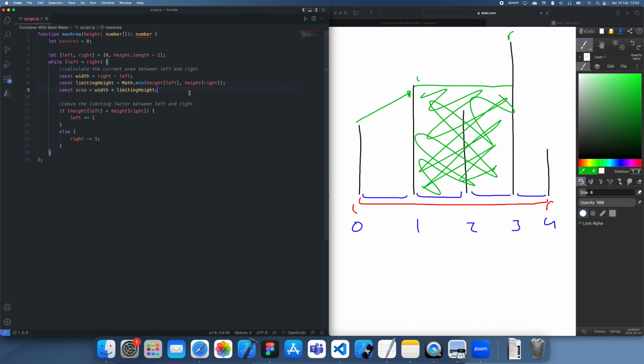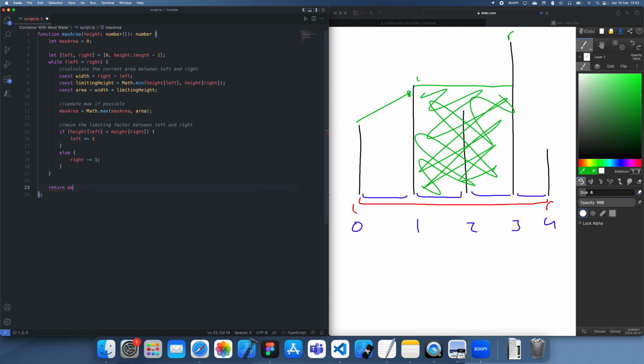And that's basically it. Oh, and one more thing, update max if possible. So we'll just do max area equals math.max of max area or area. So if area is greater than max area, it's just going to update this. And that's it. Pretty simple.